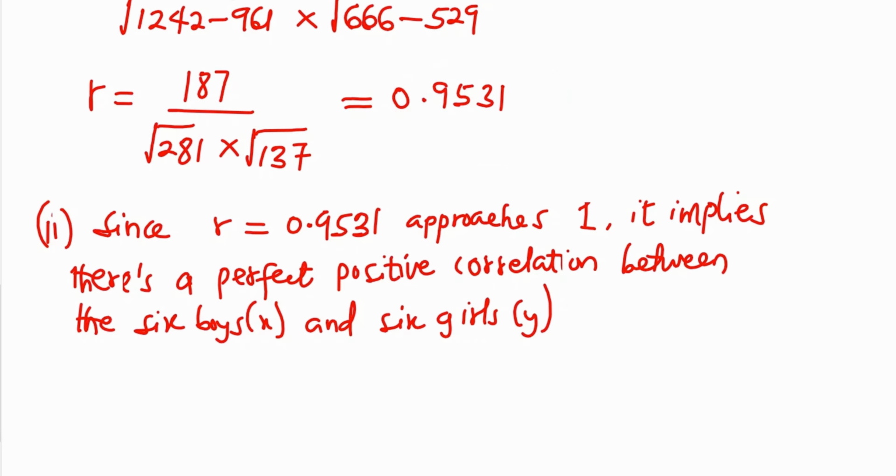So we end this video here, and I believe you really understand what it means for us to call an R value a product moment correlation, or the Pearson correlation coefficient.